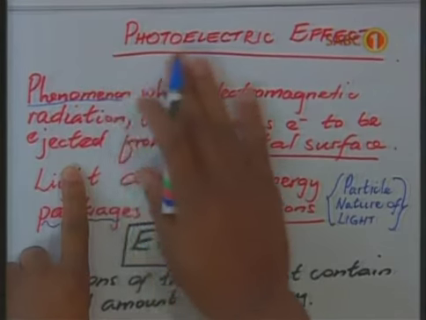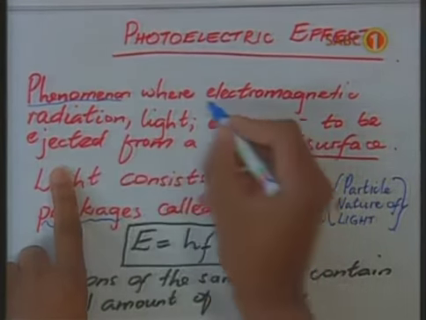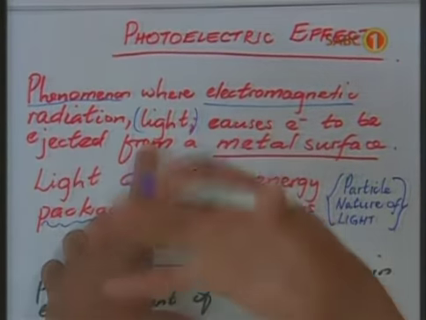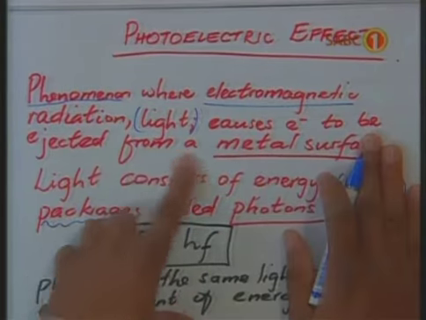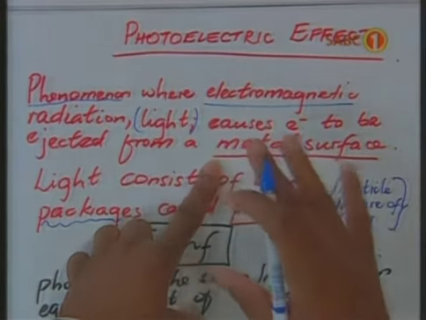Here you just need to know that the photoelectric effect is a phenomenon in science where electromagnetic radiation, and I'm putting in brackets here light, because light is actually an electromagnetic radiation, causes electrons to be ejected from a metal surface. We call that phenomenon the photoelectric effect.